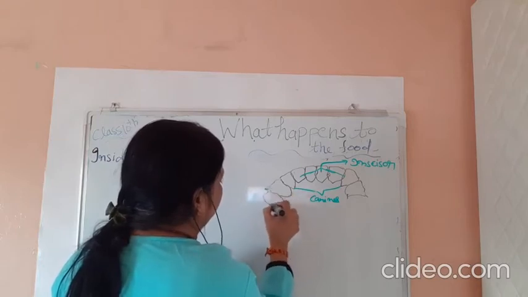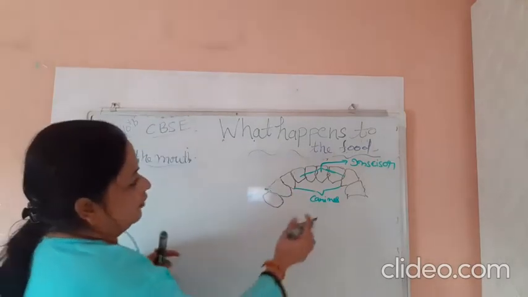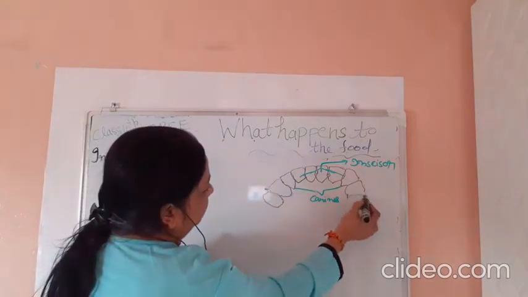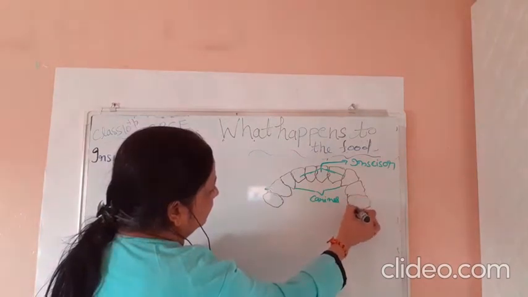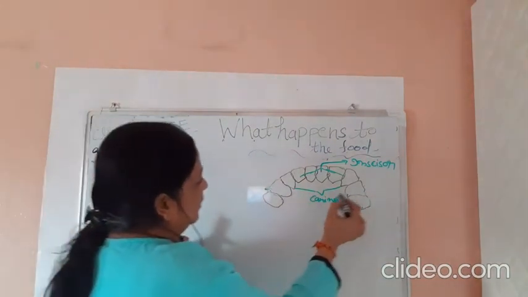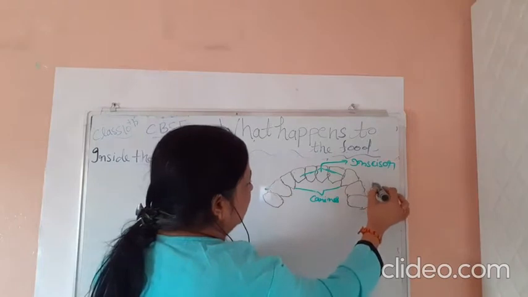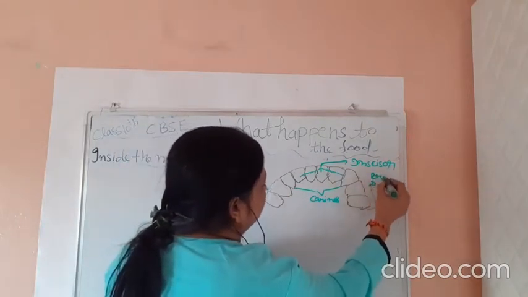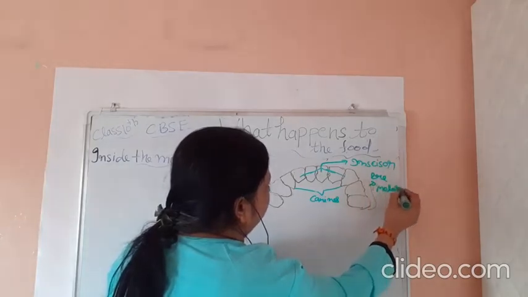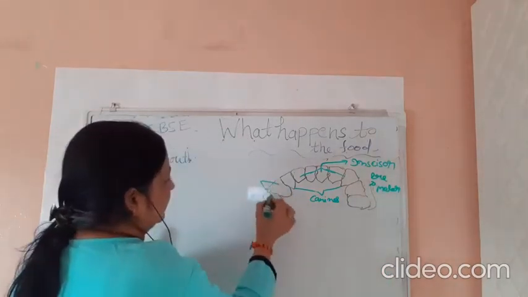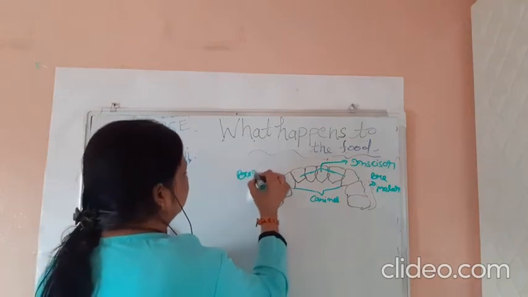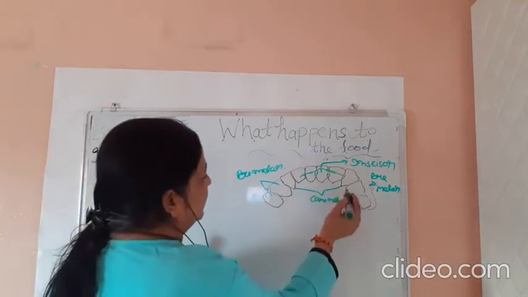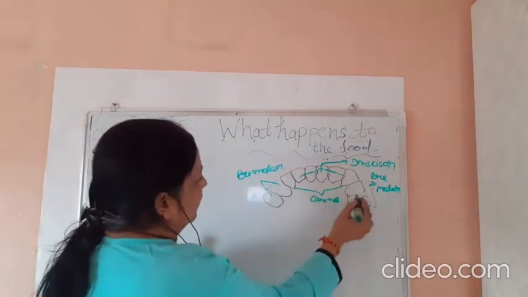You can see on your screen, this is a premolar. So this is the incisor, this is the canine, and this is the premolar.